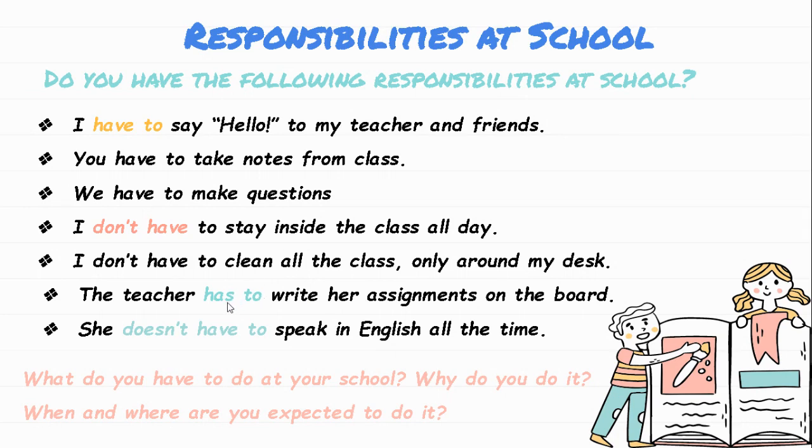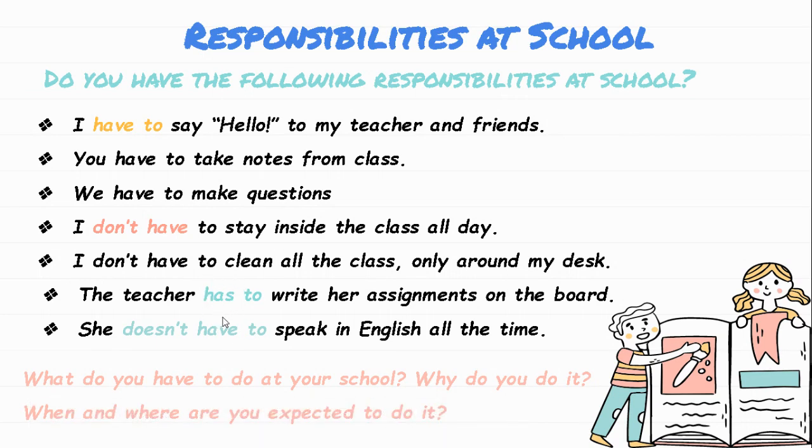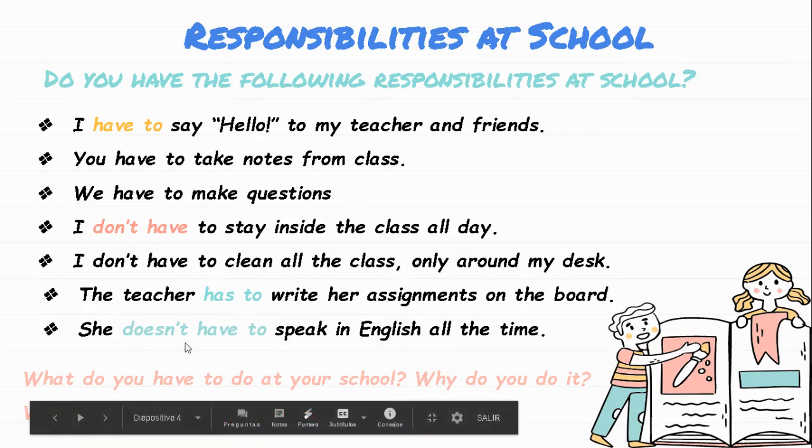Only we change, instead of have, we're saying has to. And in the negative form, instead of don't, we use she doesn't have to. Notice that only in the affirmative form we use has. And then we say in the negative form, she doesn't have to speak in English all the time.